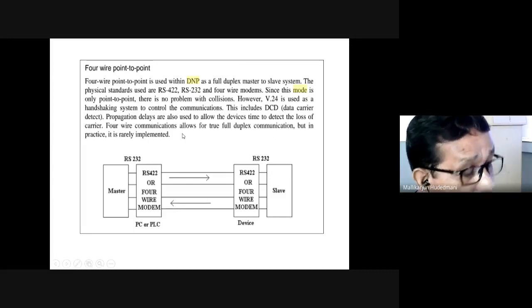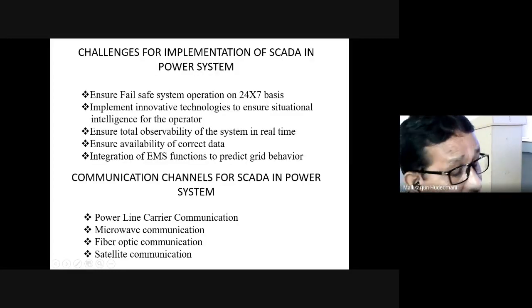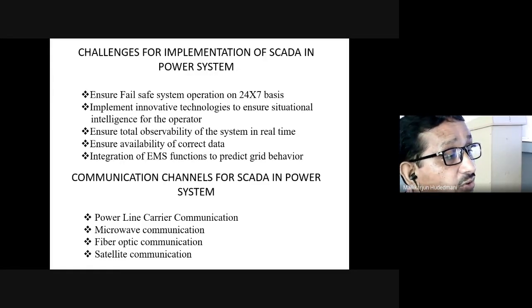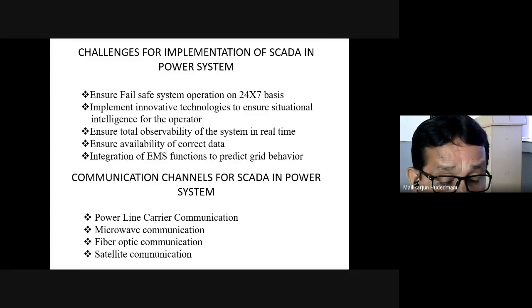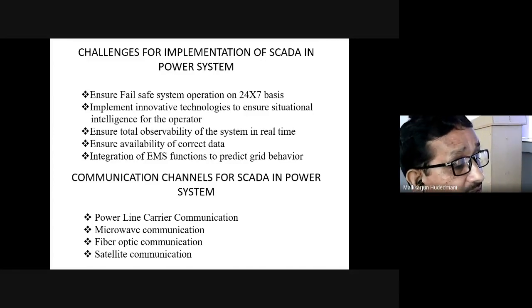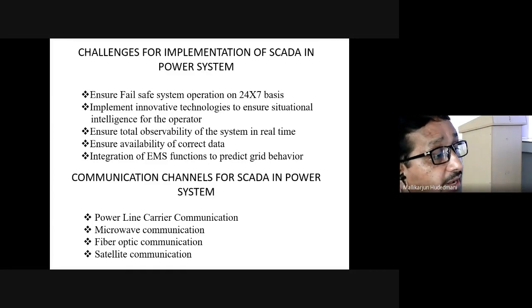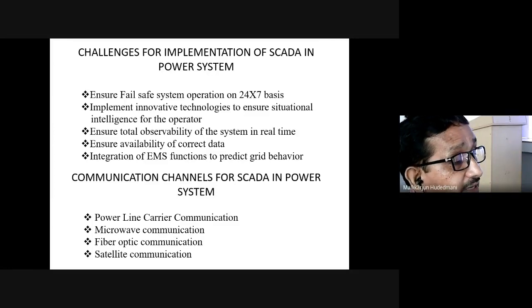So now moving to another aspect: once we have all these communication standards and connections, the challenges for implementation of SCADA in power system. Definitely, when I have energy management system software in the energy control center, it facilitates the energy dispatcher to monitor, control, and adopt good techniques so that the operation ensures reliable and effective control of generation, delivery, and dispatch to the end user to their satisfactory level.